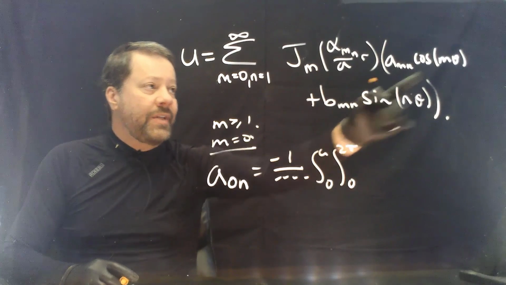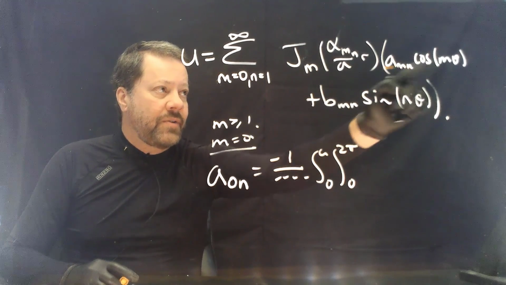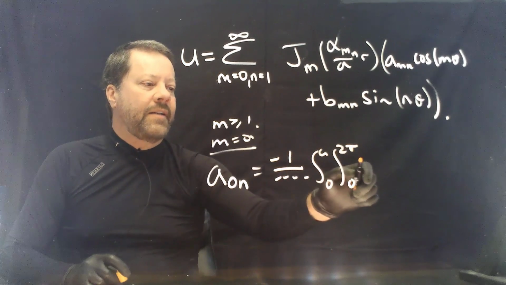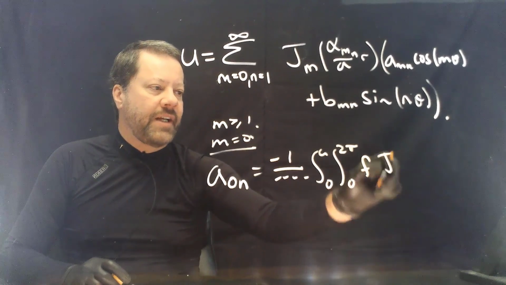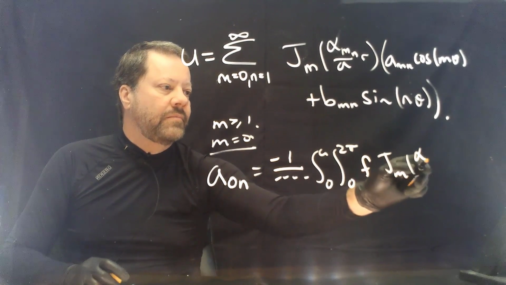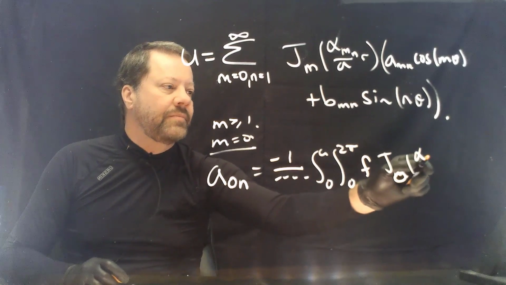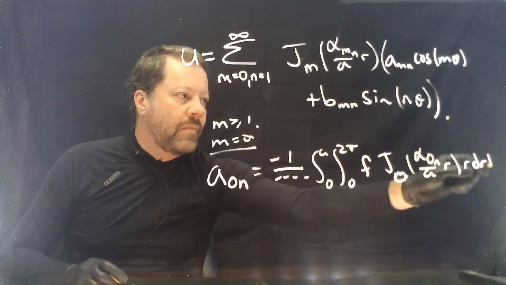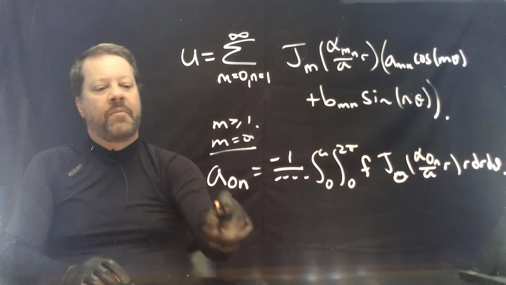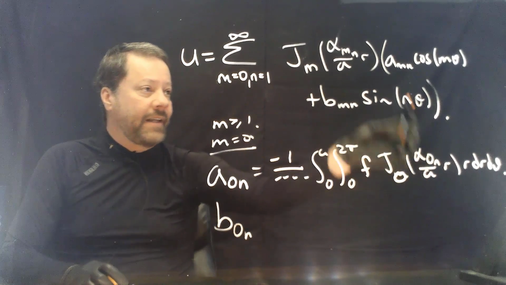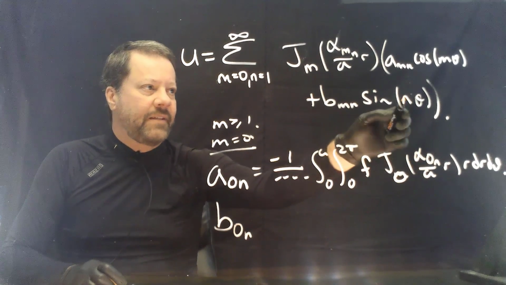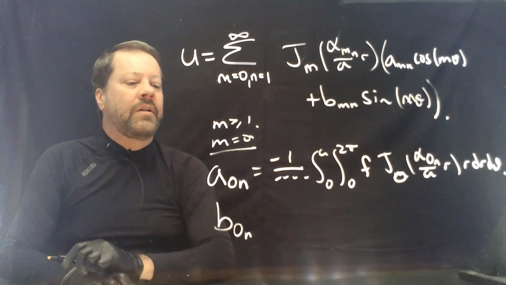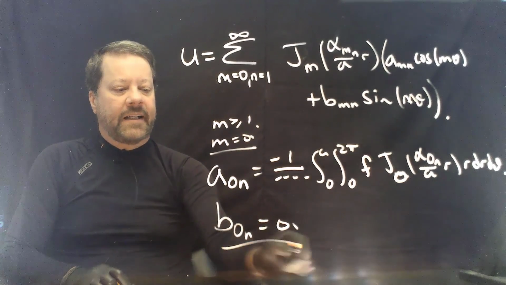And because you're using m equals 0, cosine of 0 is 1, and so you'll just have f times your J_m, m being 0. b_0n, on the other hand, since you'll be dealing with an m equals 0, will be identically 0.